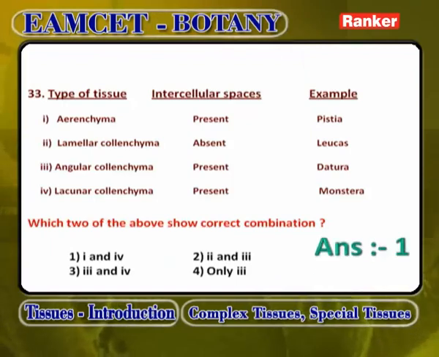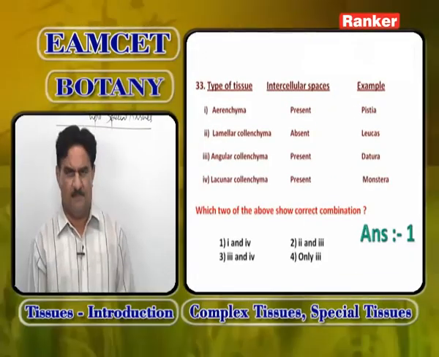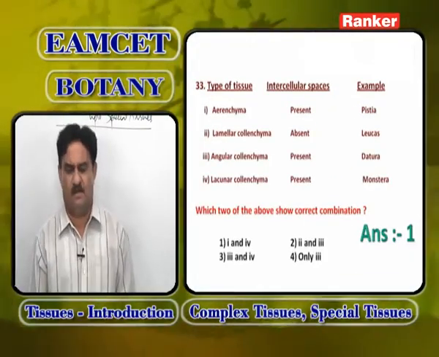This is another 3-column tabular form: type of tissue, intercellular spaces, example. Parenchyma, intercellular spaces present, Pistia, correct. Lamellar collenchyma, intercellular space absent, Leucas, wrong. In lamellar collenchyma, a small intercellular space is present, surrounding which pectin and cellulose are deposited. It is found in the stems of Leucas and Lactuca and the aerial roots of Monstera.